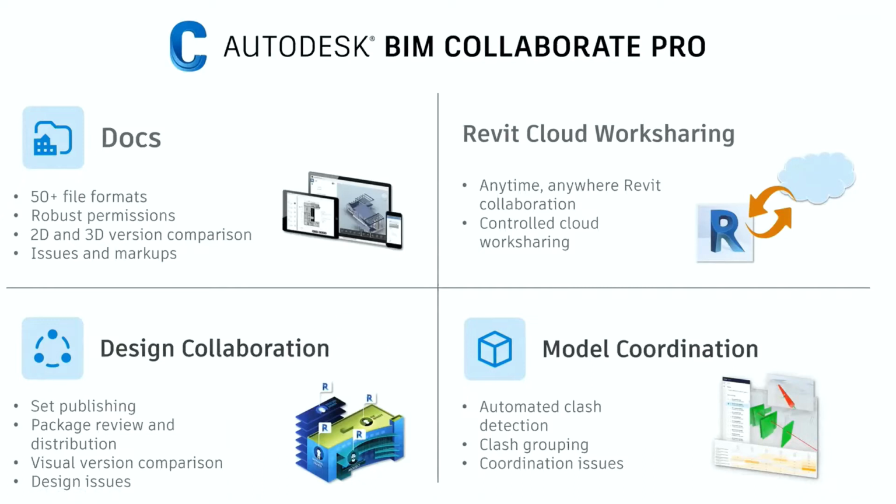So that's being able to set publishing, package review and distribution, visual version comparison, and design issues. The last module that will be available to you is model coordination, and that's what allows for automated clash detection, clash grouping, and coordination issues.